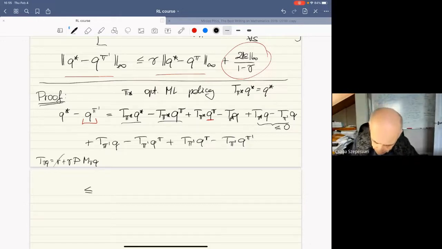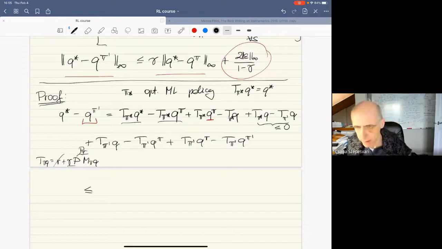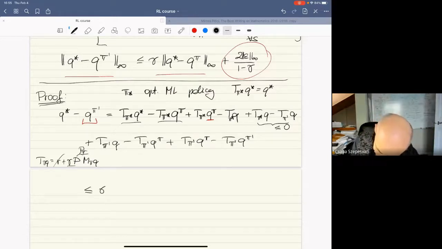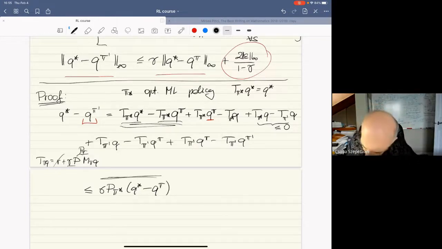The gamma is going to come out, and we abbreviated this as P of pi. So you are going to see gamma times P of pi applied to one function minus the other function. P of pi is just a linear operator, so we can pull out the difference. So just algebra. This is just the first term. This guy is equal to this guy that's written here.